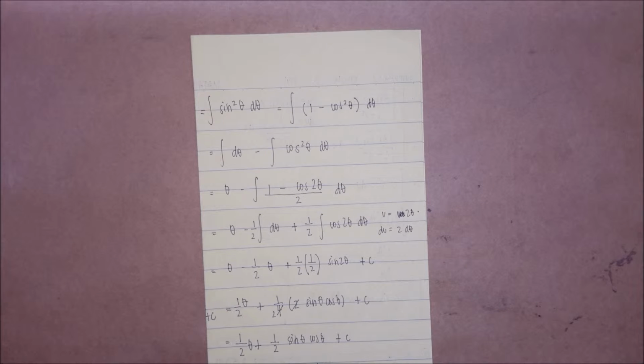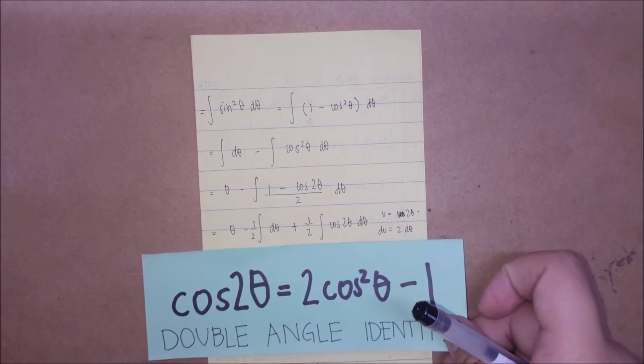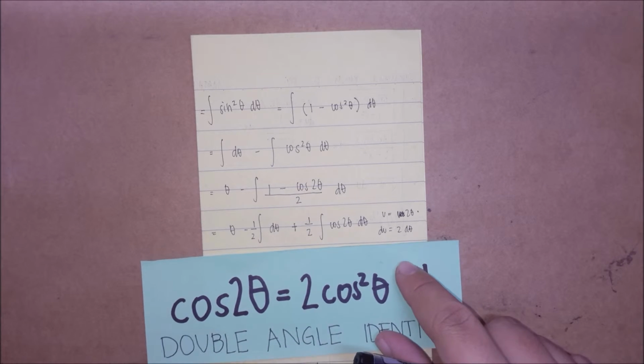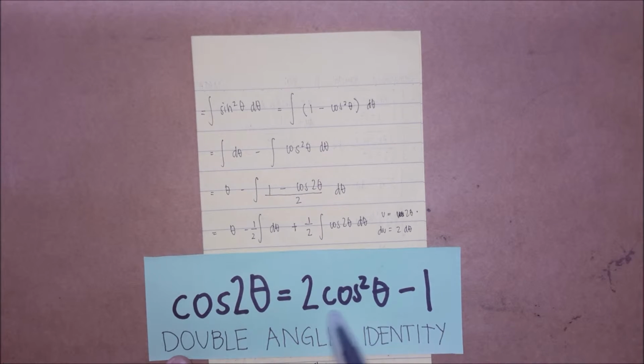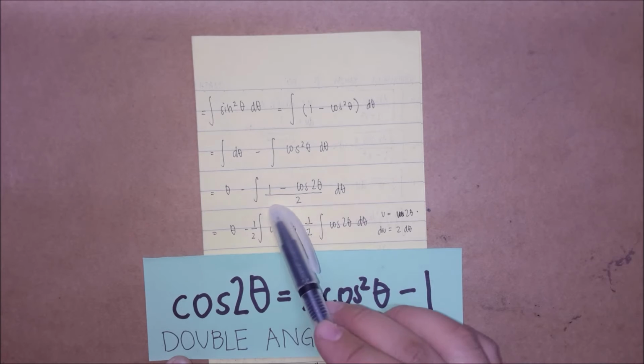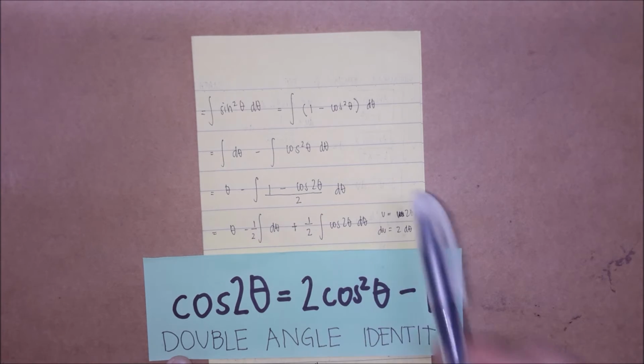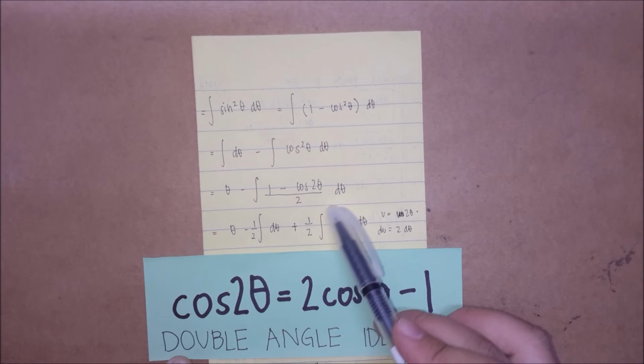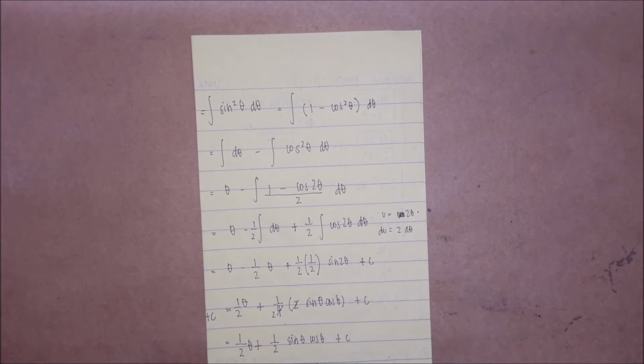And cos squared theta is also equal to the double angle formula, which we can write as 1 plus cos 2 theta over 2 d theta.